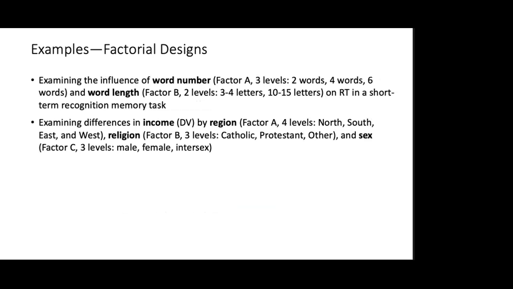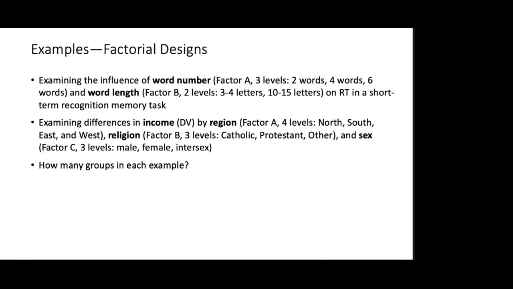That would be the first factor, with 4 levels: north, south, east, and west. And religion would be our second factor with 3 levels: Catholic, Protestant, or other. And then sex might be a third independent variable, which could also have 3 levels. Then that would be a three-way ANOVA, a 4x3x3 ANOVA. Right?